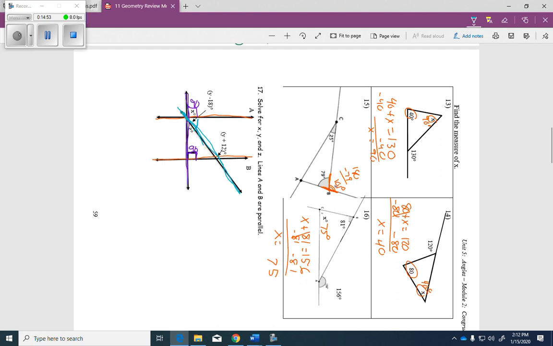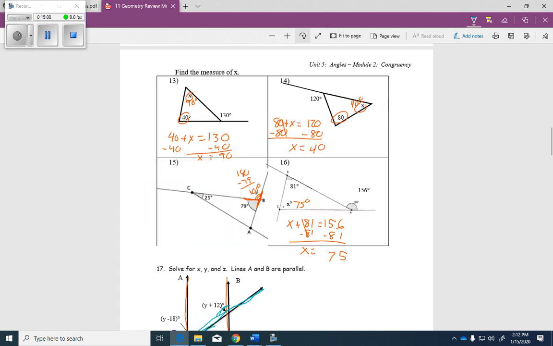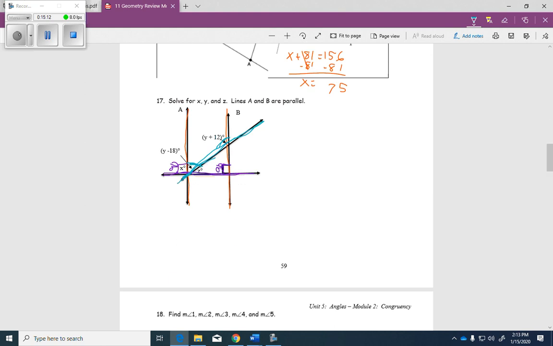They're giving me this interior angle and this interior angle. Interior angles on the same side aren't equal to each other. Interior angles on the same side add to 180. So I'm going to put my paper back to normal. Interior angles on the same side add to 180.